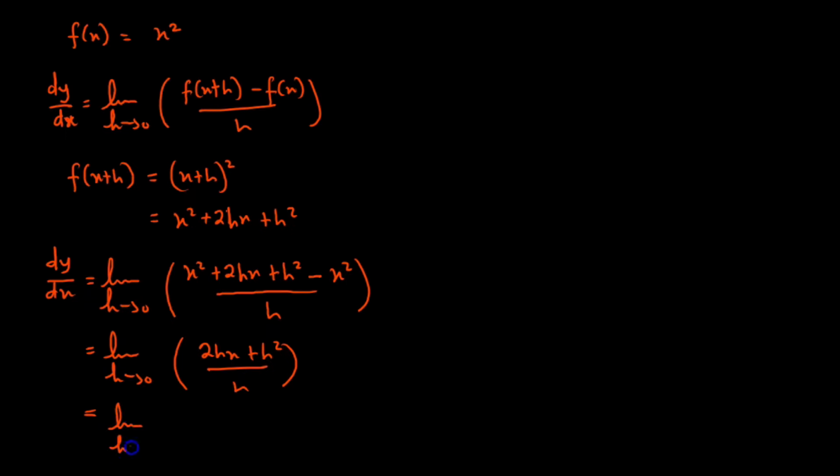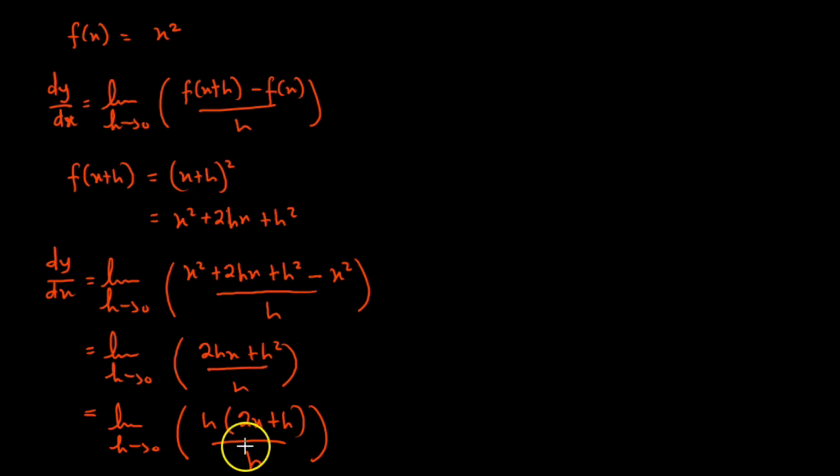So we have the limit as h approaches 0 of h(2x + h), all over h. Remember, h was common to the numerator, so h was taken out, and h multiplies 2x to give us 2xh, and then h multiplies h to give us h squared.